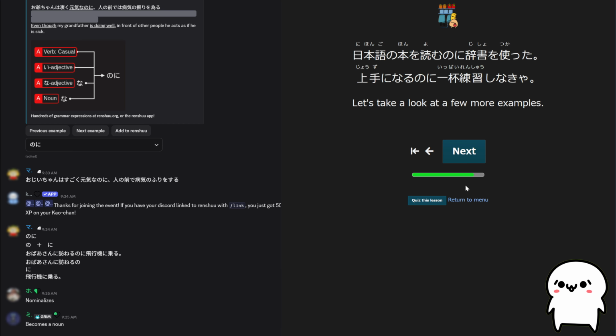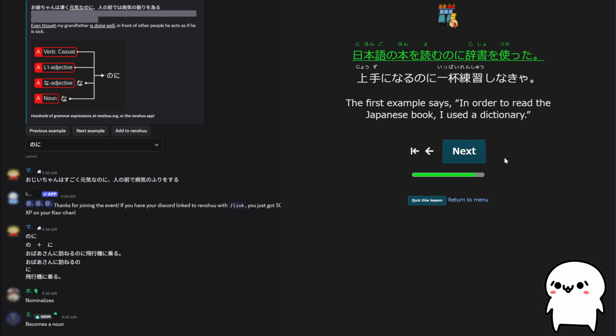Okay. 日本語の本を読むのに辞書を使った。So, this is something that we've probably all experienced, whether it was a book or a newspaper article or manga or just the subs on the bottom of a movie or drama or whatever. In order to read the Japanese book, I used a dictionary.